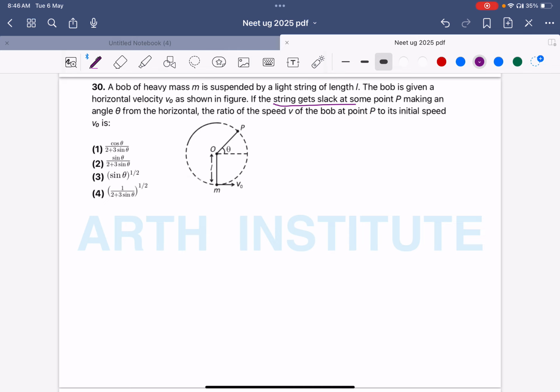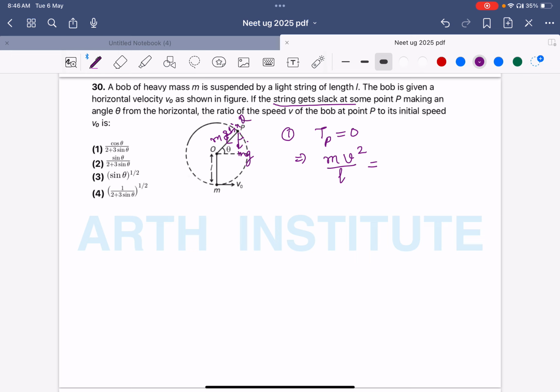Now, in this particular question, two things are most important. Number one, string slacks. String slacks means tension in the string at the point P becomes 0. That means centripetal force at point P, mv square by r, or let me say r is L, mv square by L, is equal to mg, this is the weight, and this one is mg sine theta.